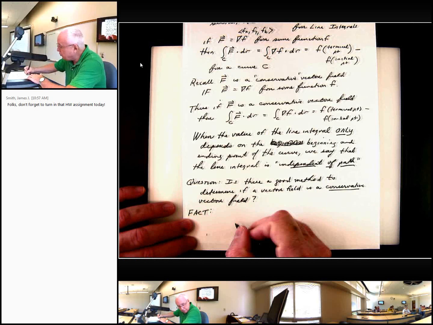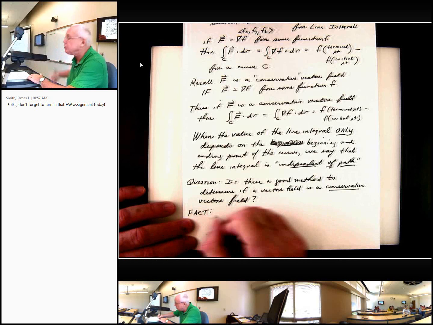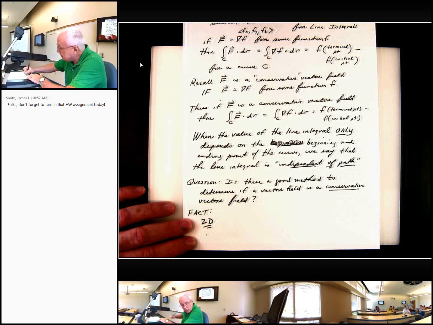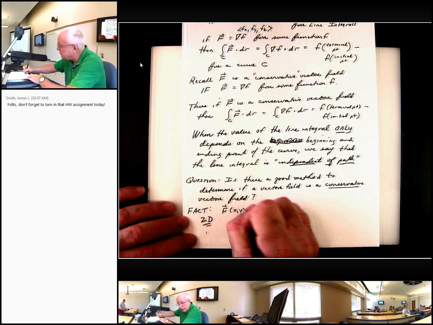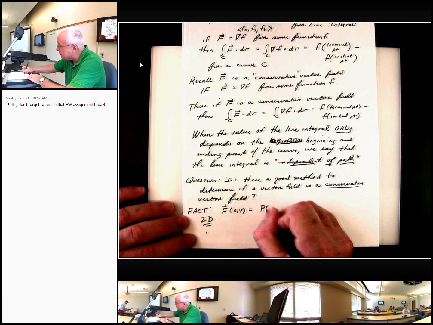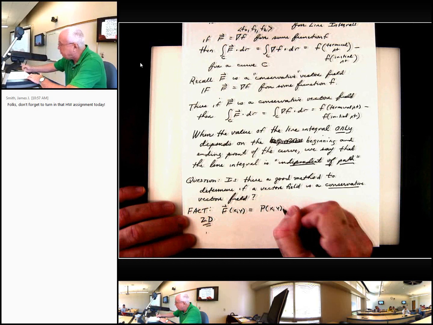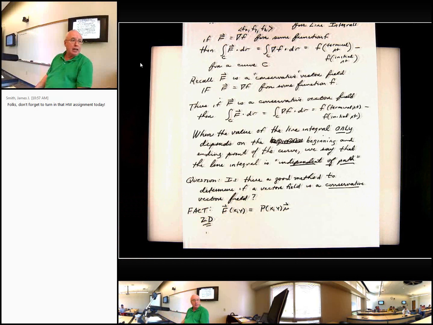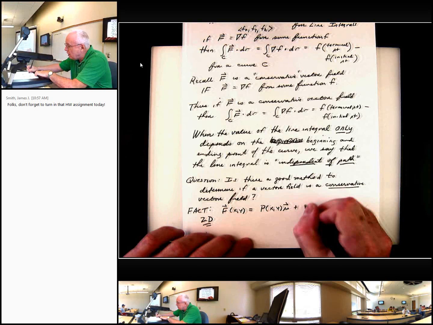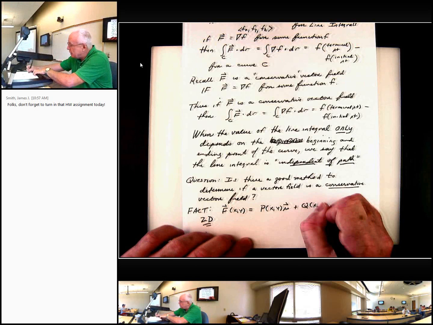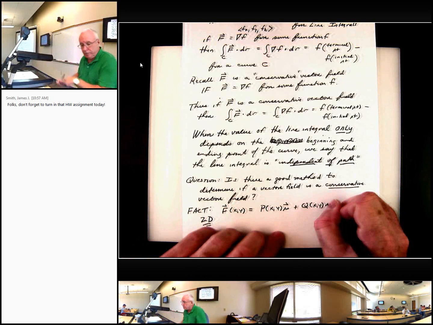Given, and here we're just talking about 2 dimensions right now, say F of x, y, this is our vector field, so it's some function of x and y that we'll call P times the i unit vector, plus another function of x and y that we'll call Q times the j unit vector.